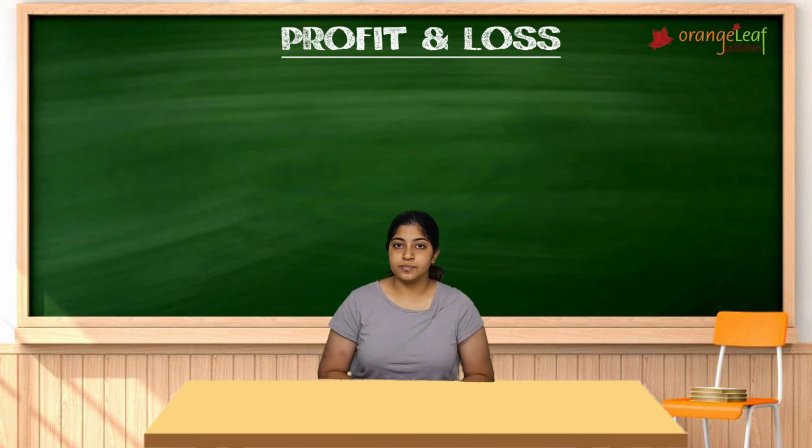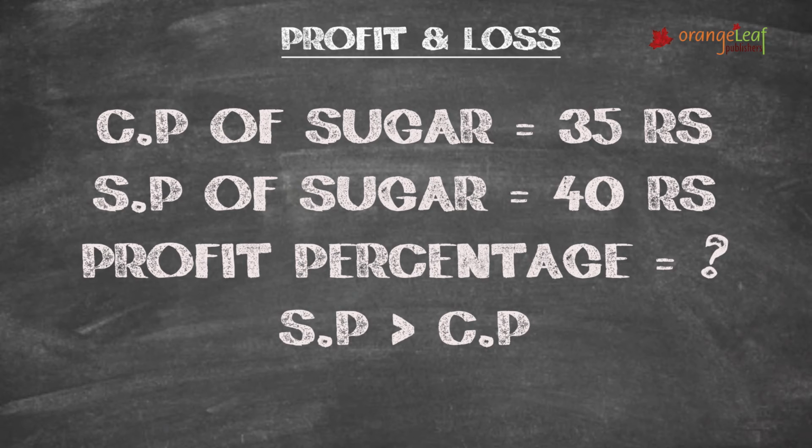For example, a shopkeeper bought sugar at the rate of rupees 35 per kg from the wholesaler. He sold it at rupees 40 per kg. What is his profit percentage? The cost price of the sugar is rupees 35 and its selling price is rupees 40. Since the selling price is greater than the cost price, there is profit.